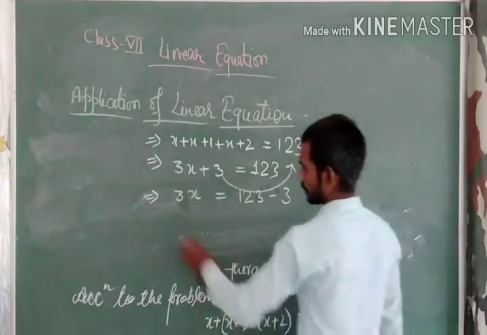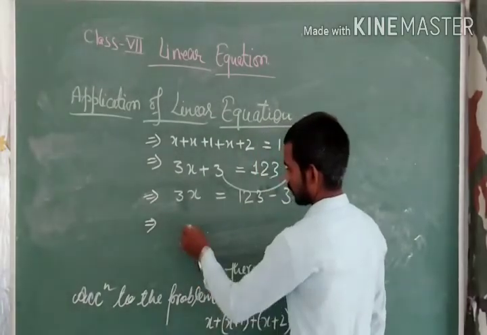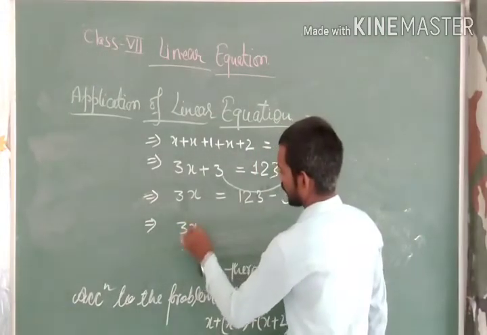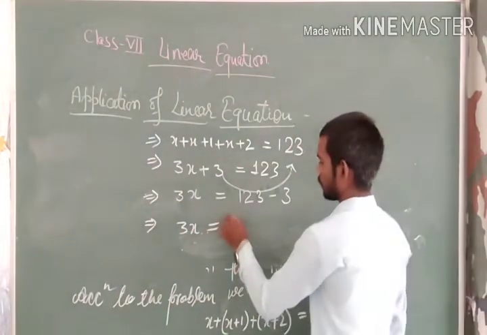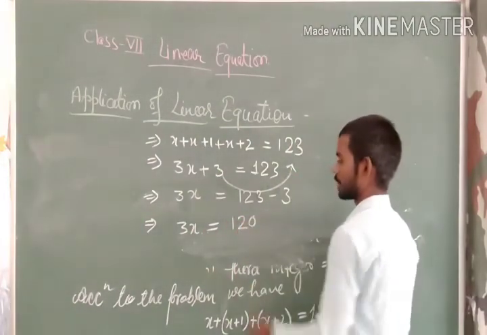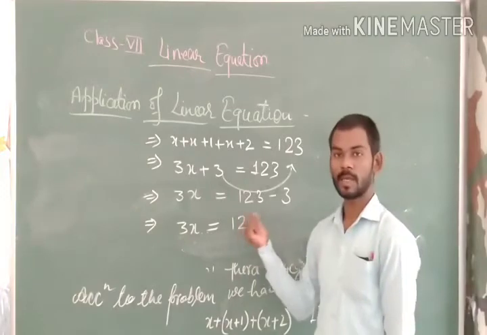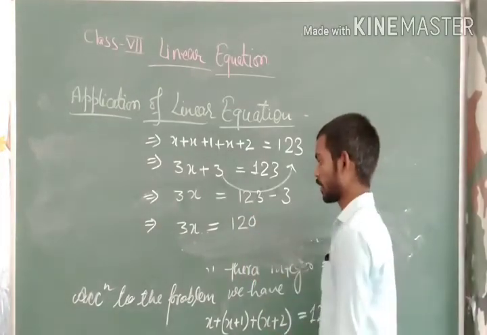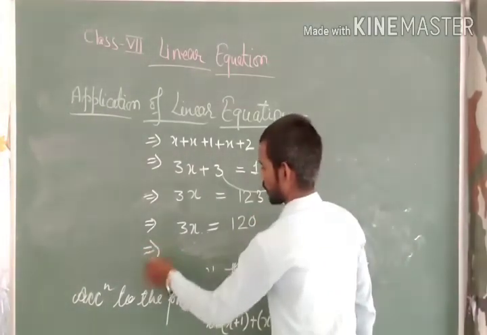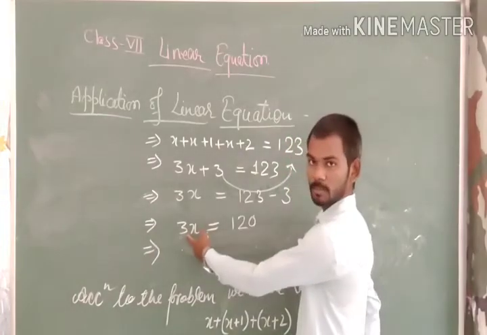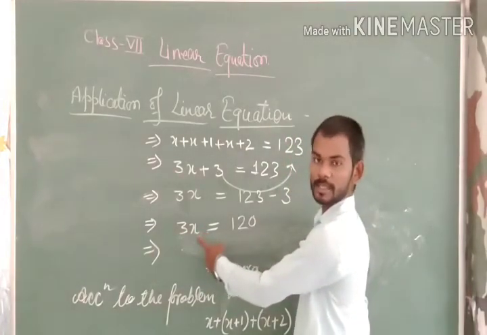This implies that 3x is equal to 120. 123 minus 3 is equal to 120, and 3 is multiplied with x.